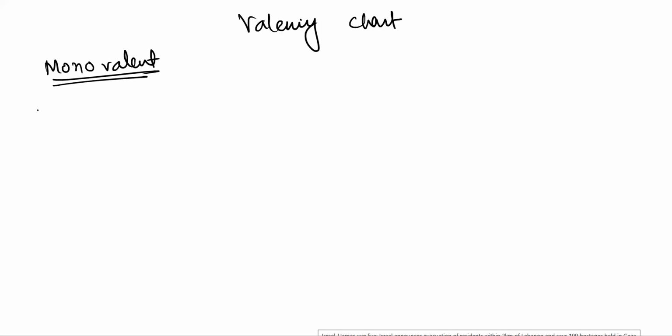Understood, everybody? So I'm writing here lithium. Here is the name of the ion, and here is the symbol. The name of the ion is lithium, and it is Li1 positive.